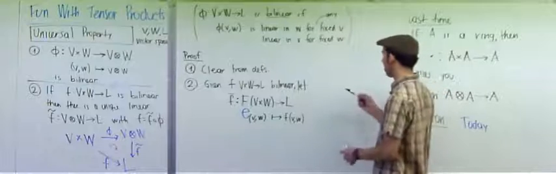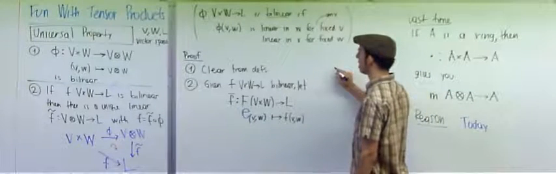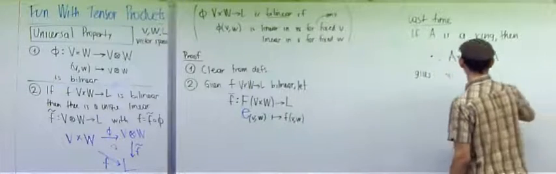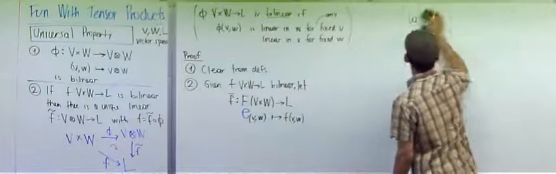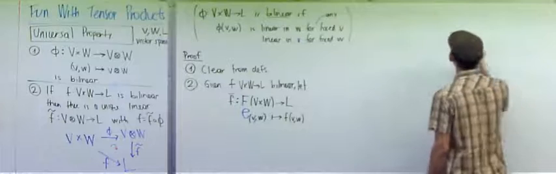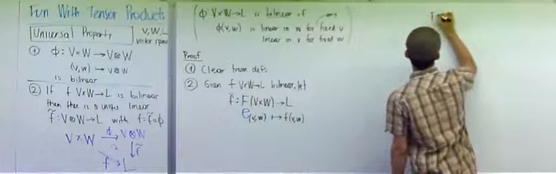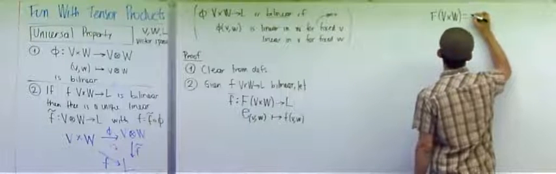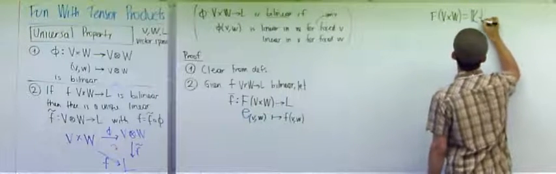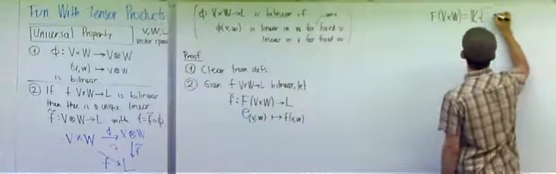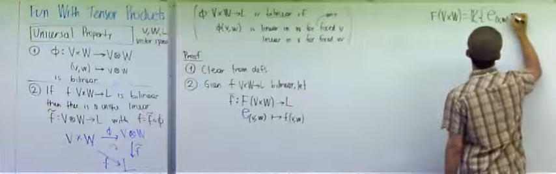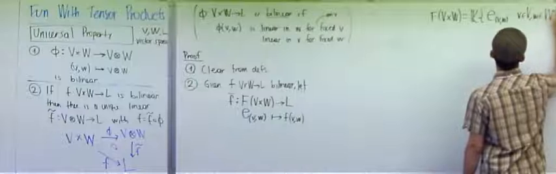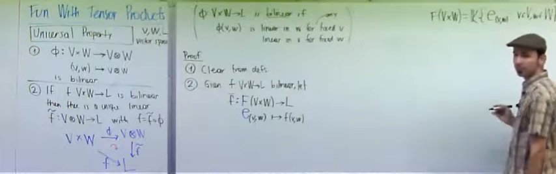So what I'm saying is that the free vector space generated by this is just the span of the basis vectors E sub (v, w), where v is in V and w is in W. Okay?